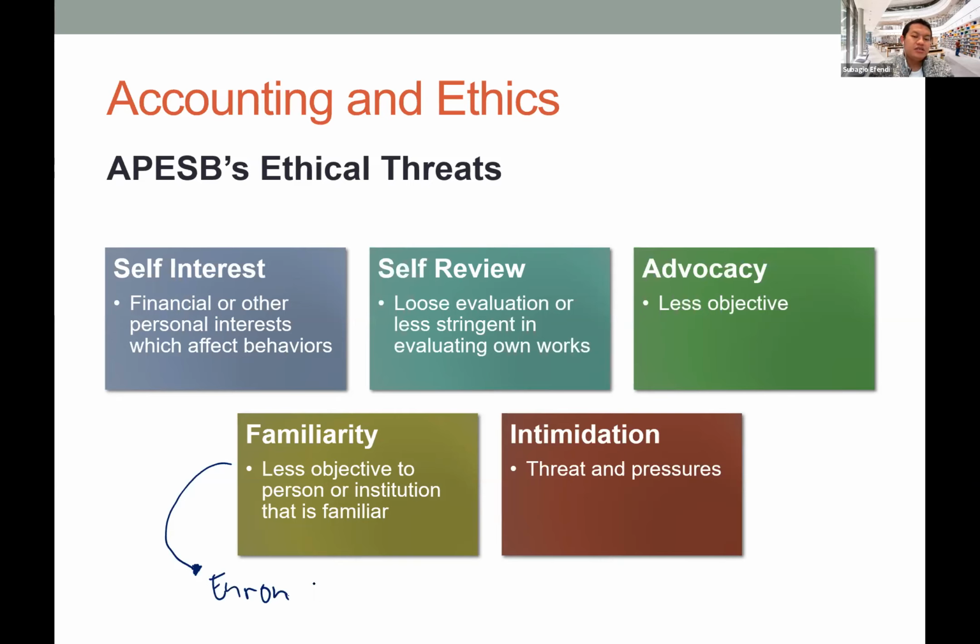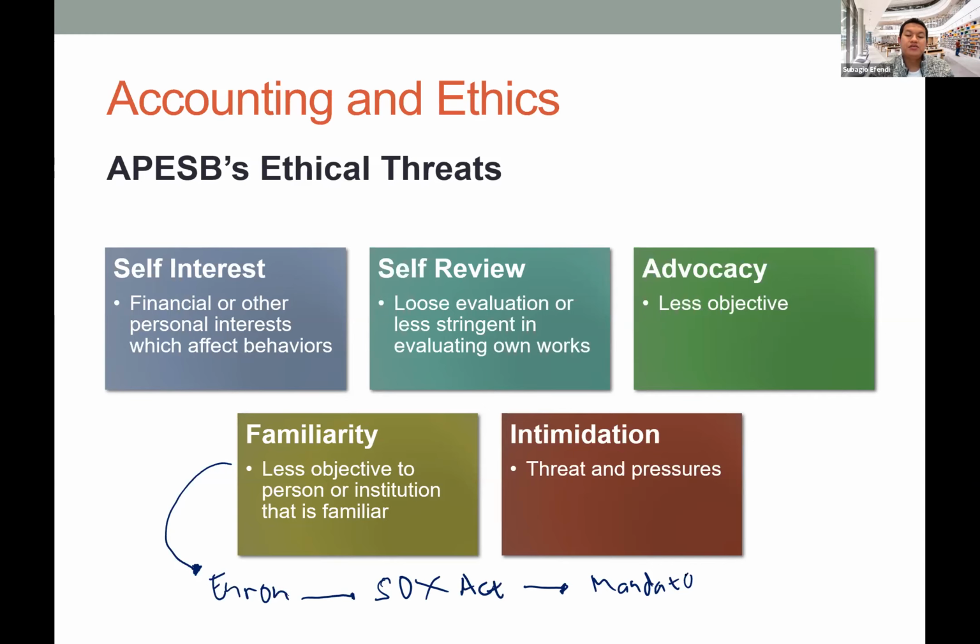Okay, and the US issued a new law, which we call SOX, the Sarbanes-Oxley Act. It regulates that the auditor and the client should rotate the partners or the accounting firms once they reach the maximum engagement period.